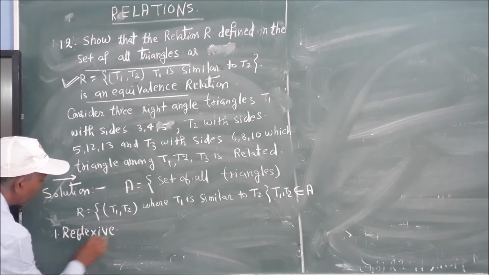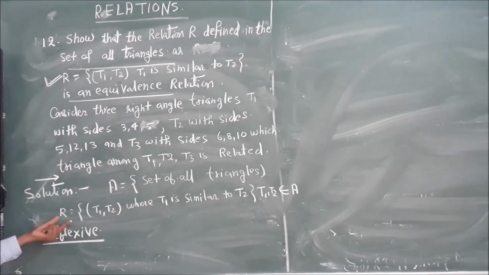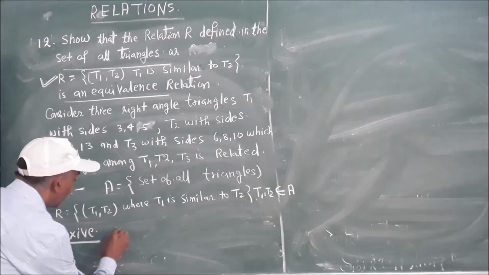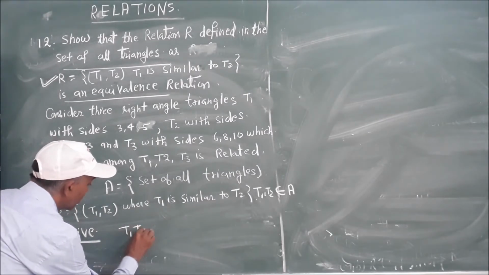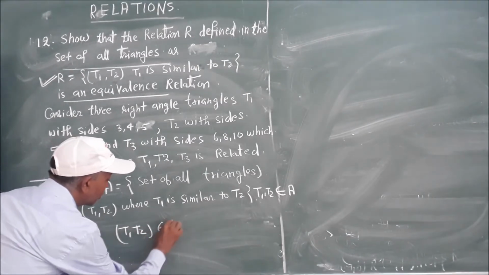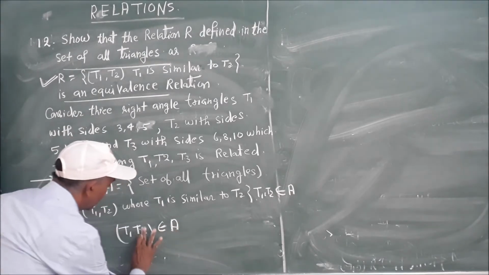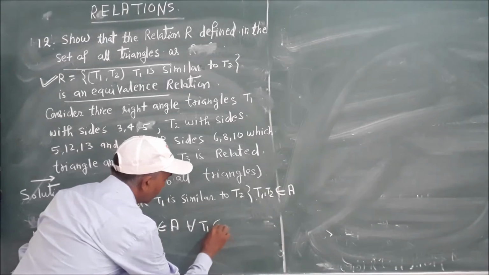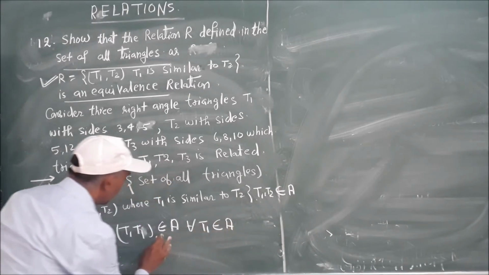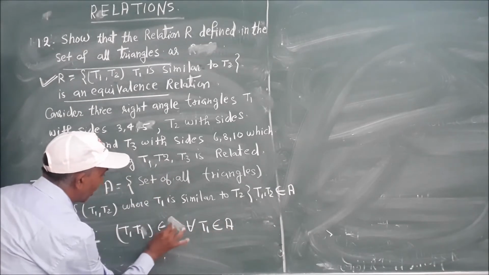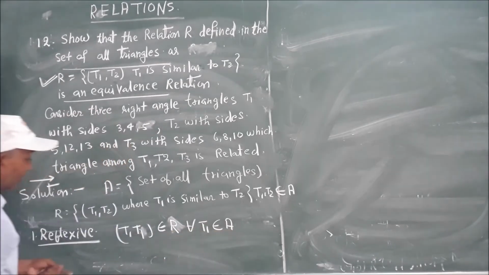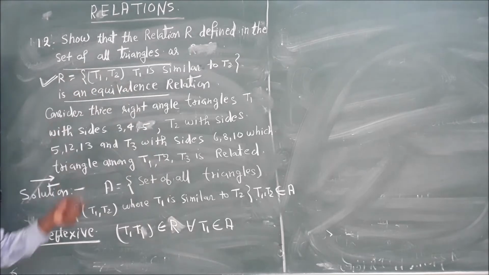To prove the reflexive property, we have to prove that (T1, T1) belongs to R for all T1 in A. What is this meaning?